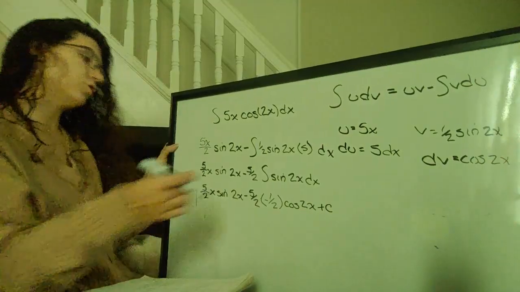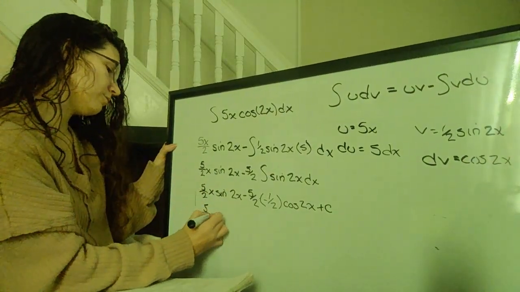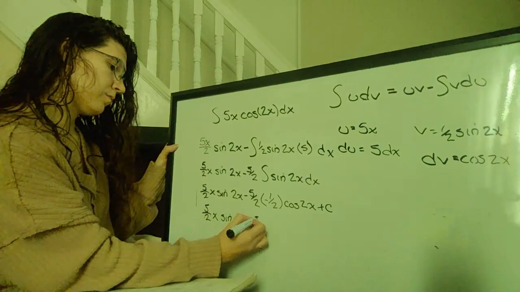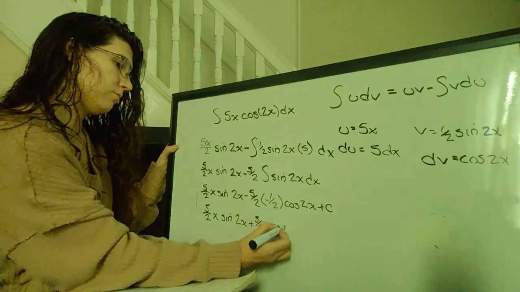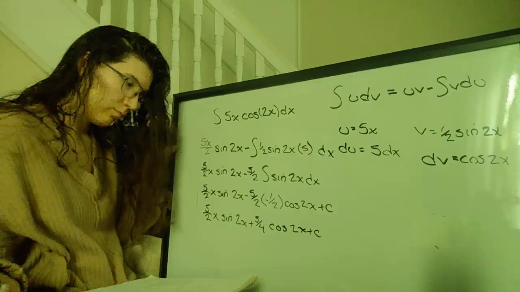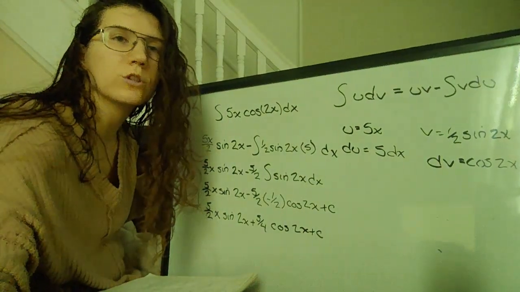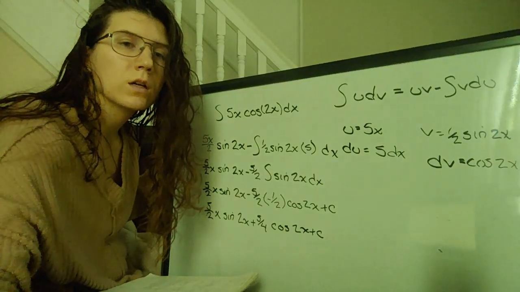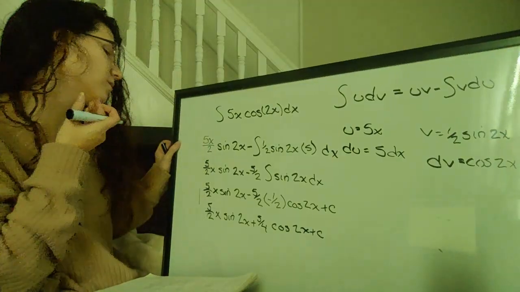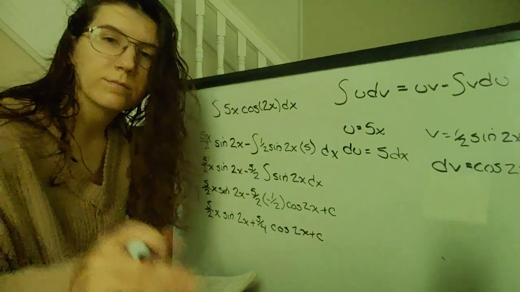So this is just going to be plus 5/4 cosine 2x plus c. That's what I got in my notes. Let me see if this is what she got. That's nice. Yep, 5 halves x sine 2x plus 5/4 cosine 2x plus c.